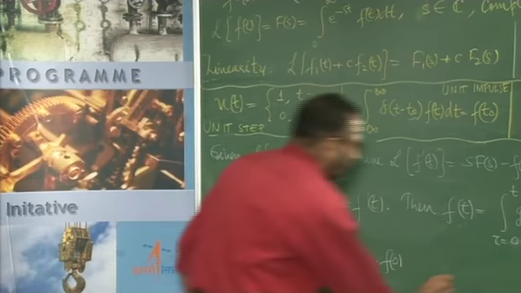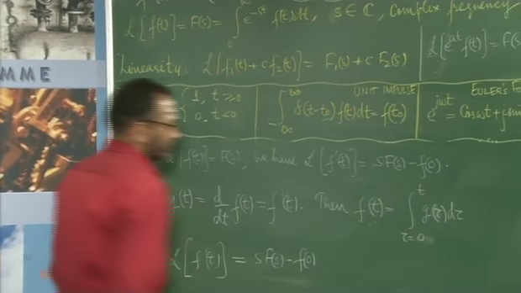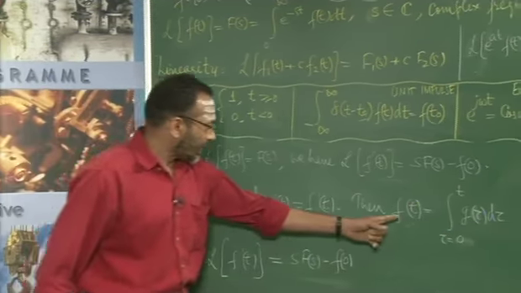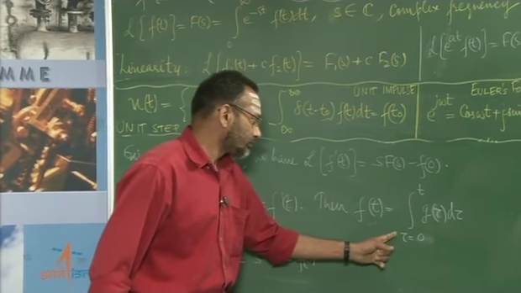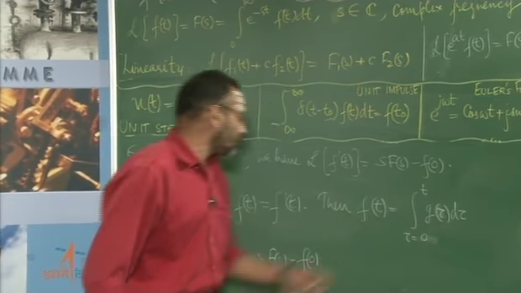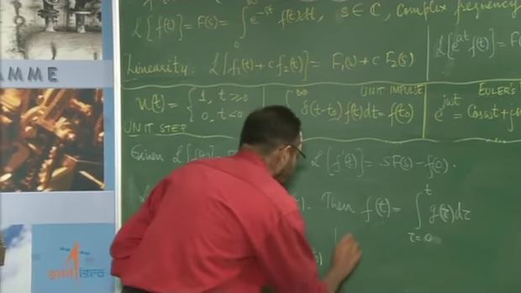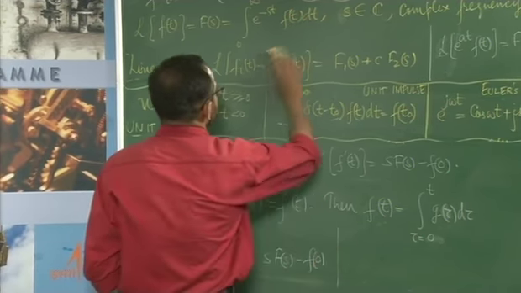Now, what is it that I want? I want the Laplace transform of this. Please understand. I want the Laplace transform of the integral of this. Let me use this part of the board.